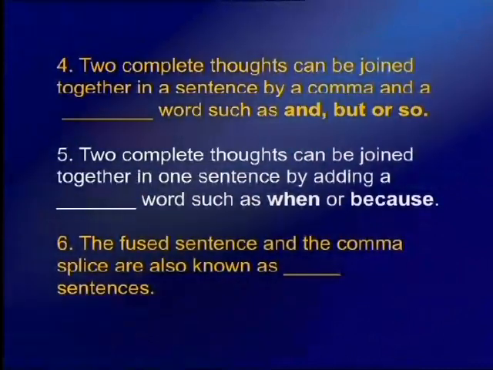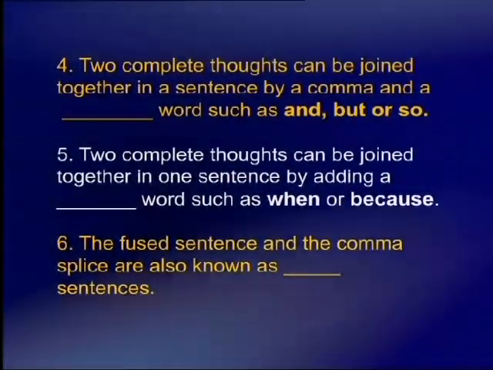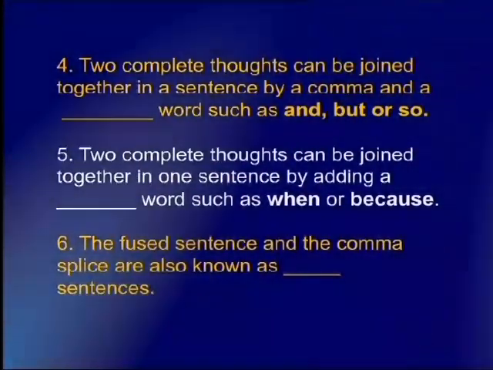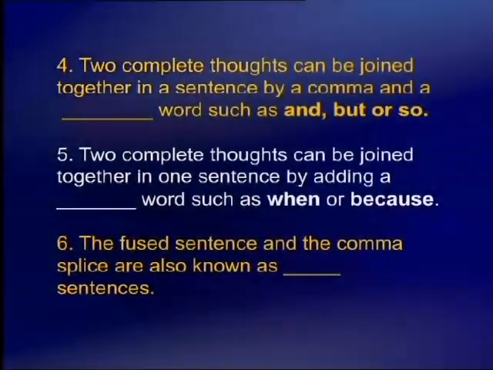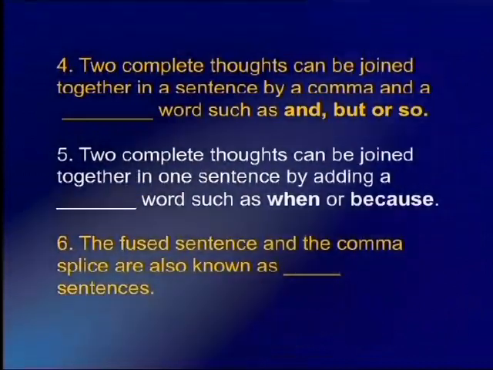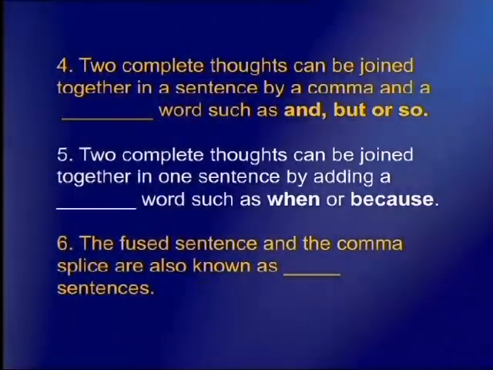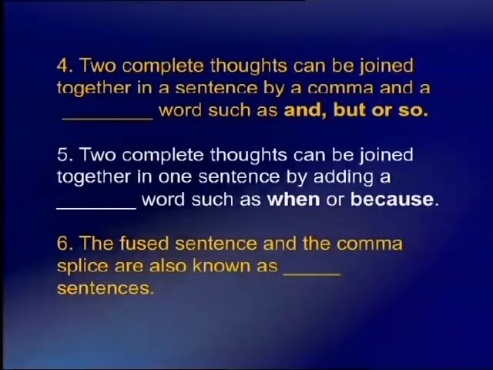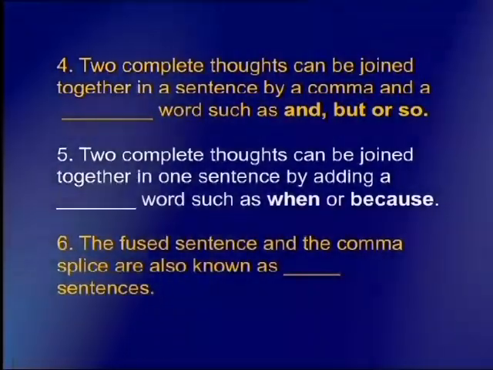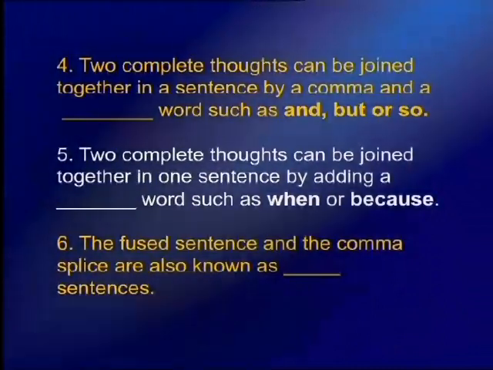And, but, so. What kind of words are those? They are joining words. So you will complete that sentence by using the word joining. Two complete thoughts can be joined together in a sentence by a comma and a joining word such as and, but, or so.